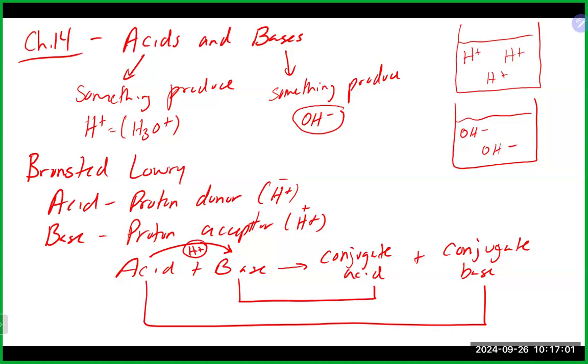So if there's anything more than one H plus difference, then it is not a pair. The acid, because it loses an H plus, will have one less H plus as it goes over to the conjugate base side. And the base, since it's going to accept the H plus, will have one more H plus as it goes over to the conjugate acid side. So again, these things are related to each other. Only difference is that one H plus. Any questions on the stuff we started talking about last time?